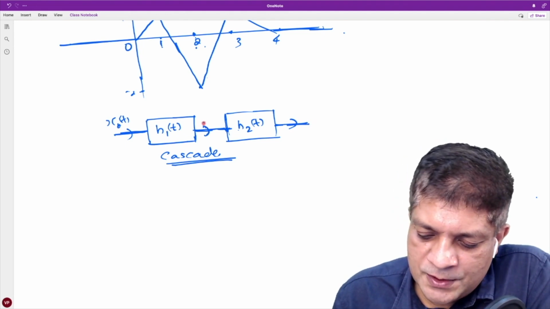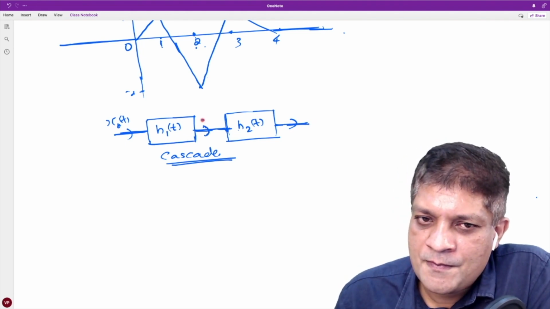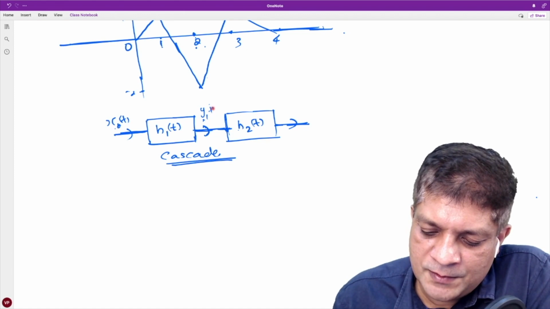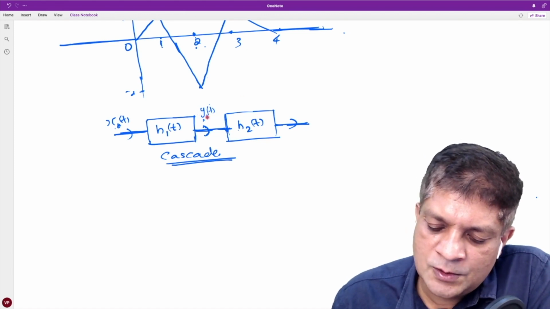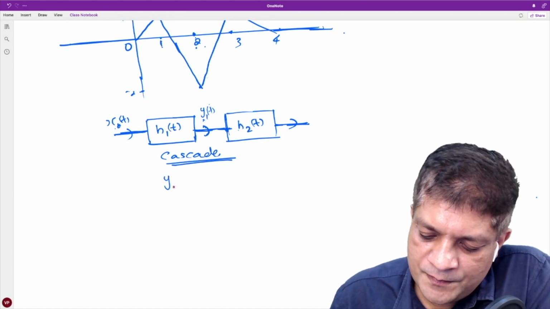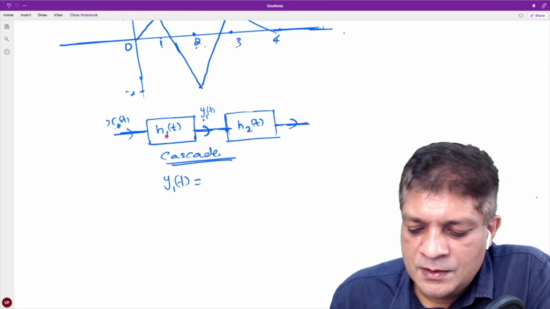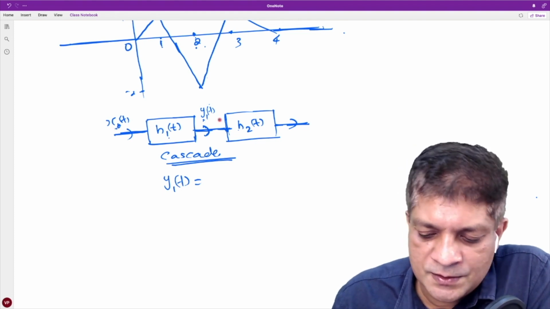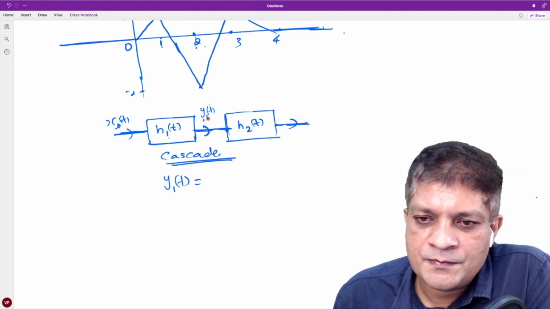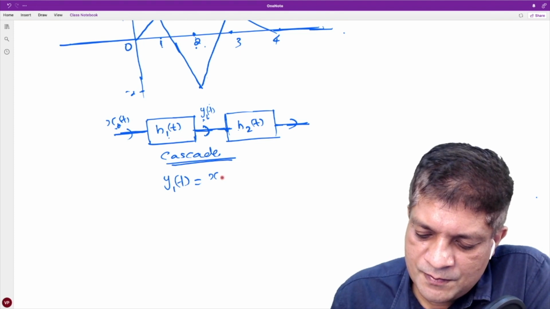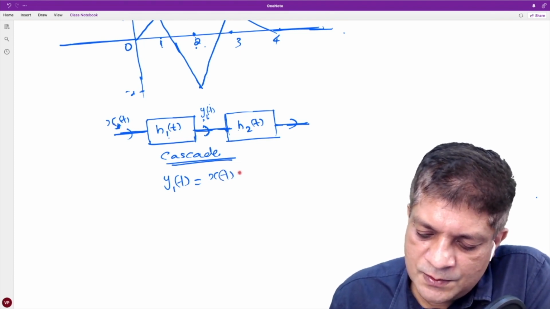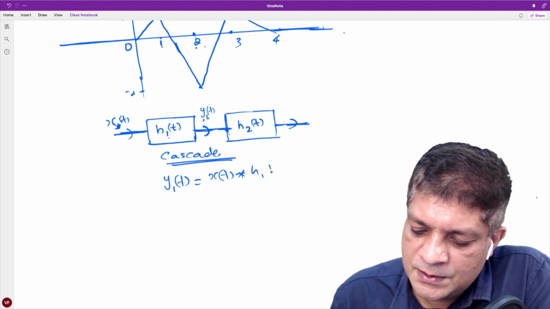Now, what is the output here? Output at this point, let me denote it by y1(t). The impulse response of the first system is h1(t) and input is x(t). Then what is y1(t)? It is x(t) convolution h1(t).